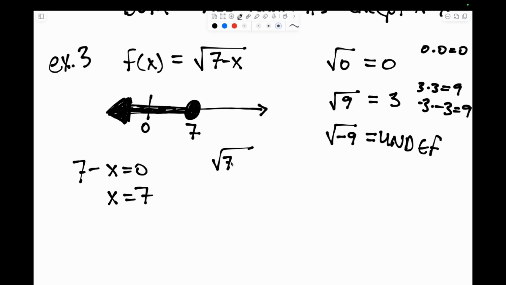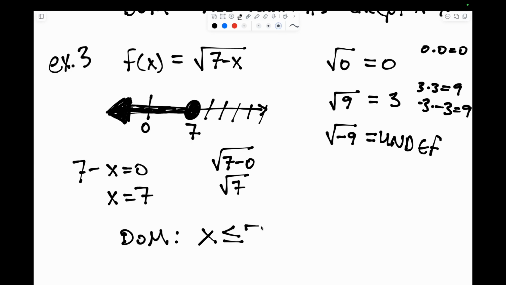Square root of 7 minus 0 is the square root of 7, and that's some number that we can calculate using a calculator, though by hand is possible too. To the right, we don't have any values, so we don't include this. So if we were to write the domain, we could say that x is less than or equal to 7.